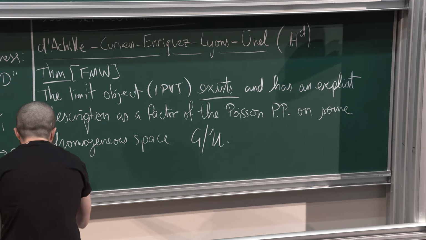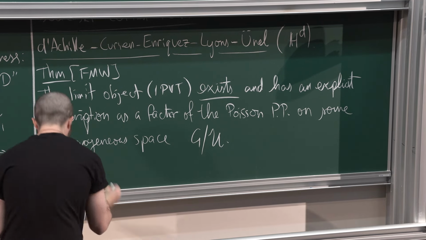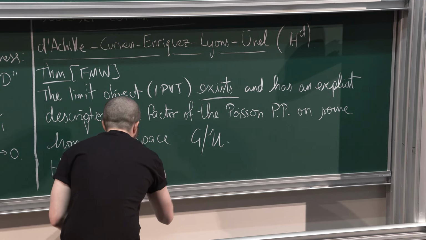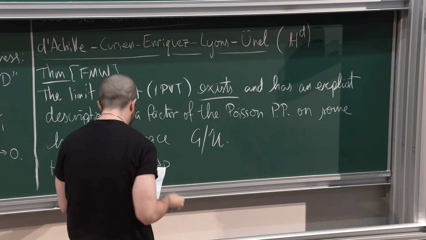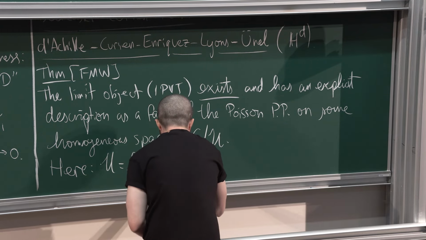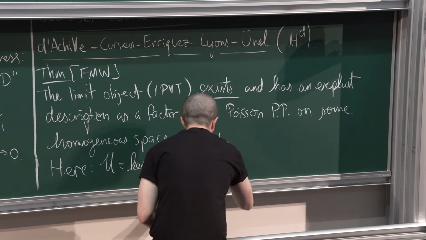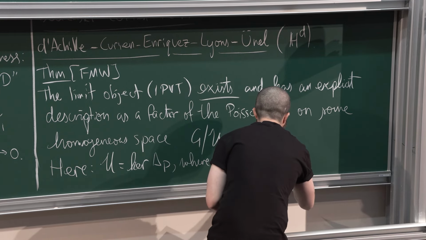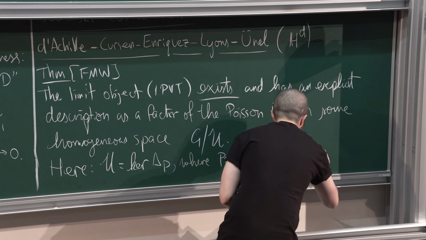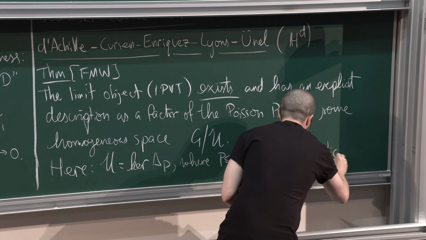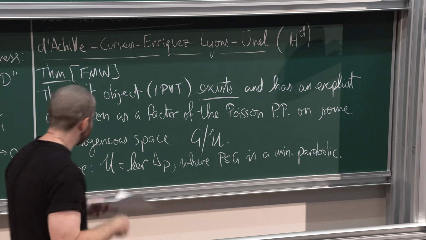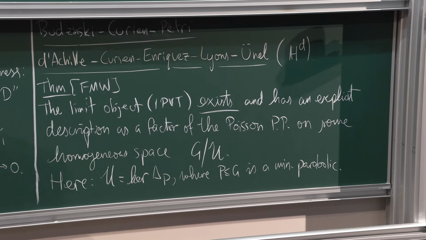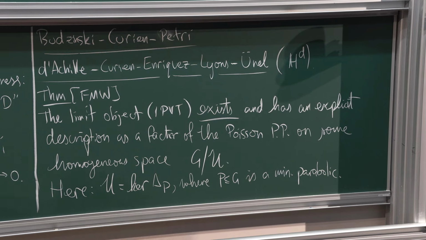But here, it's very concrete. U is the kernel of the modular function for a minimal parabolic P inside of G. Okay, so if you can come up with a better name for this subgroup, I would be very happy.